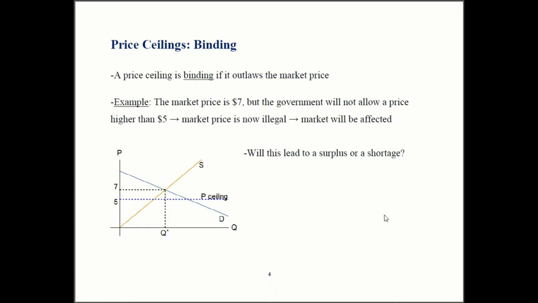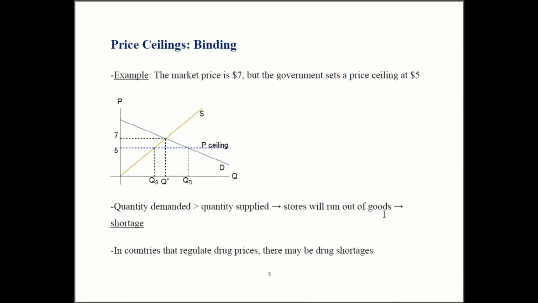Alright, I'll assume you've given that some thought. So if our price ceiling is at $5, that means that our quantity supplied is going to be over here. Quantity demanded is going to be way out here. So there's more demand than there is supply.